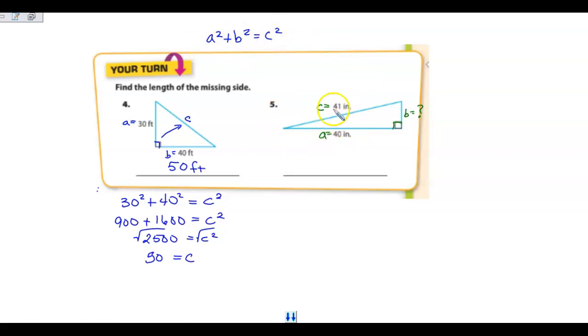I know that if I want to find a missing leg, I can find my missing leg squared. So we're going to take 41 squared minus 40 squared, and that's going to give me my b squared.